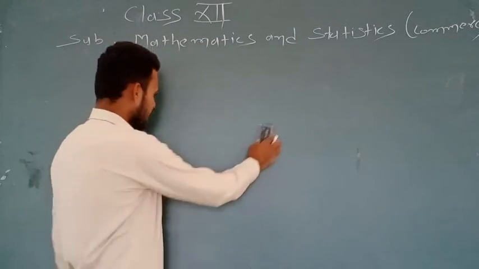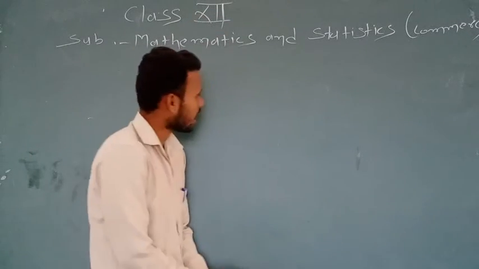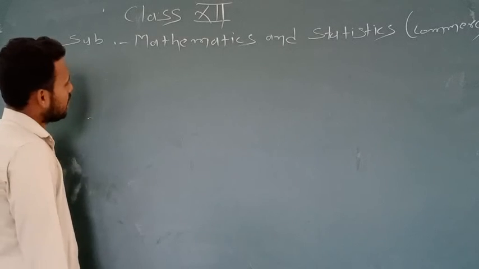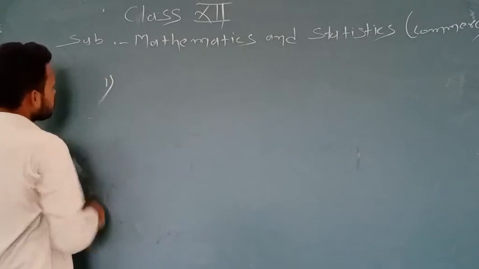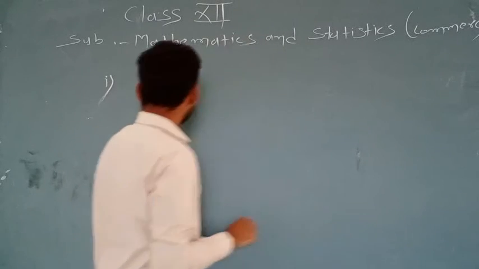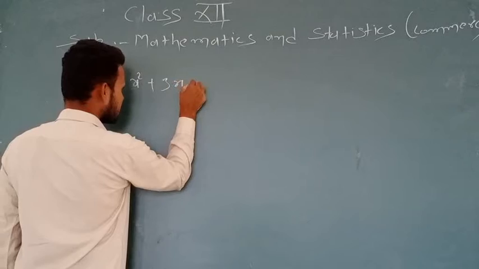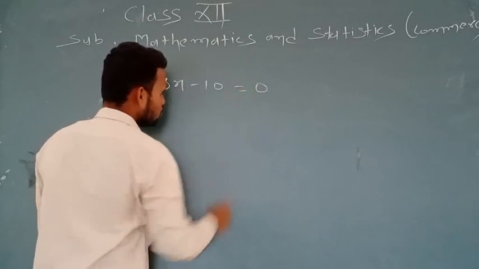Now take examples in exercise 1.5 or 1.6. Take the first example: x square plus 3x minus 10 is equal to 0.